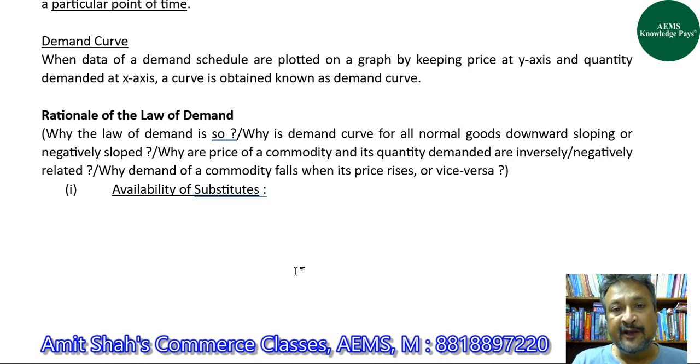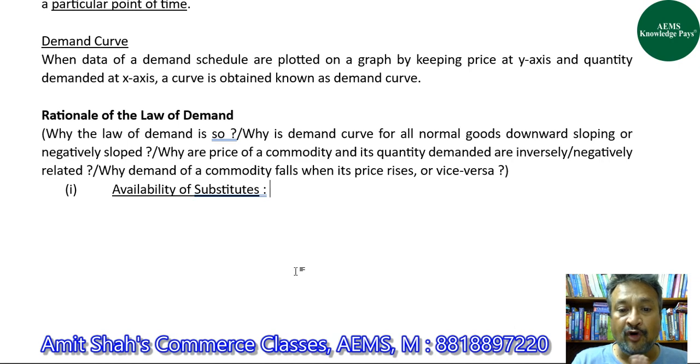So when the price of Pepsi rises, its demand falls because some of the consumers of Pepsi shift towards Coke or Thumbs Up. Correct? Similarly, when the price of a commodity falls, its demand rises. Why does this happen? Again, because of availability of substitutes.